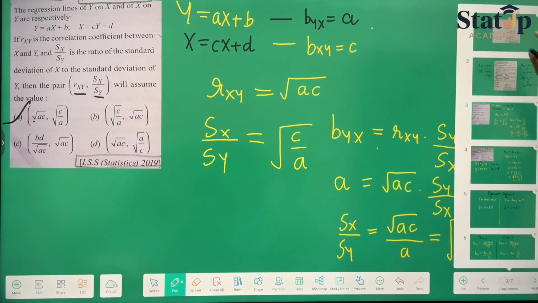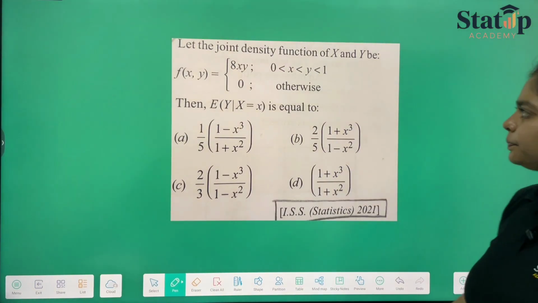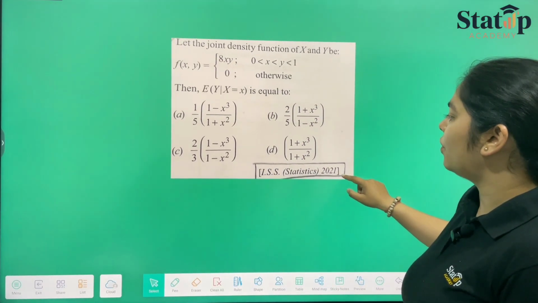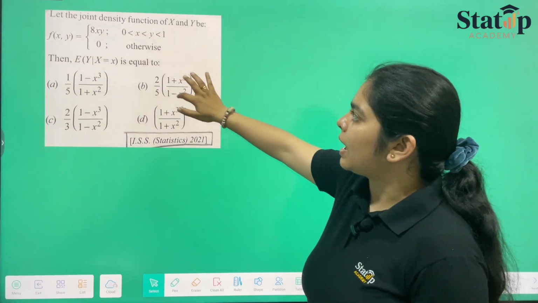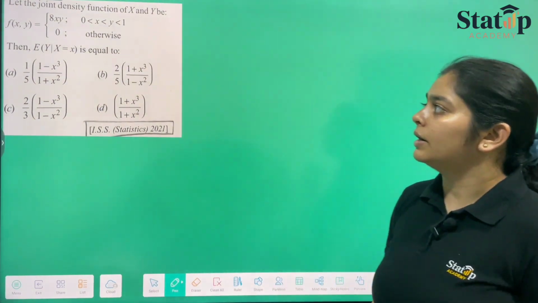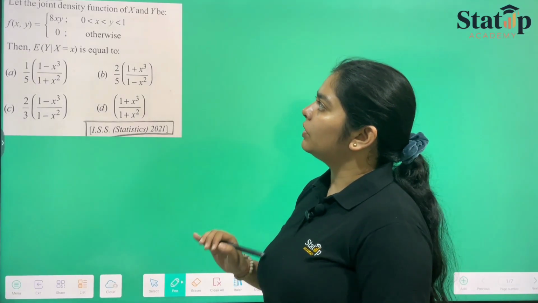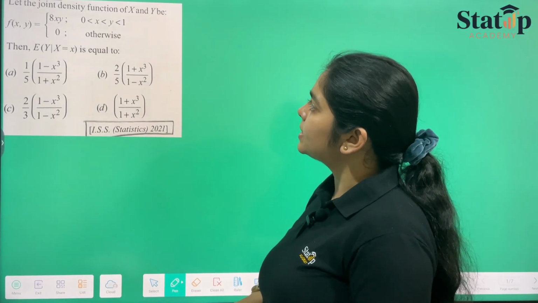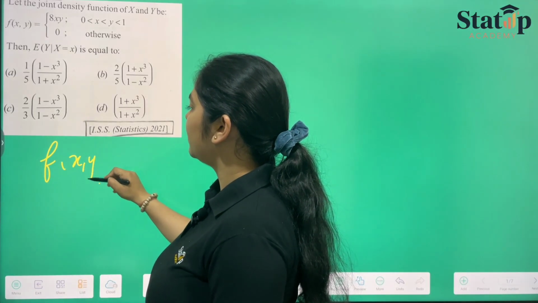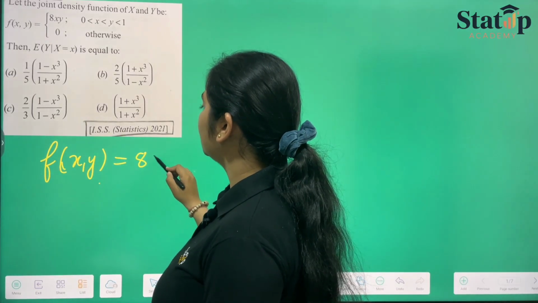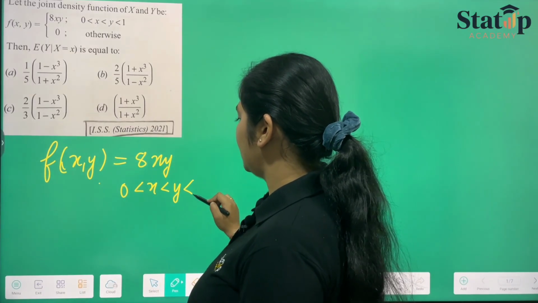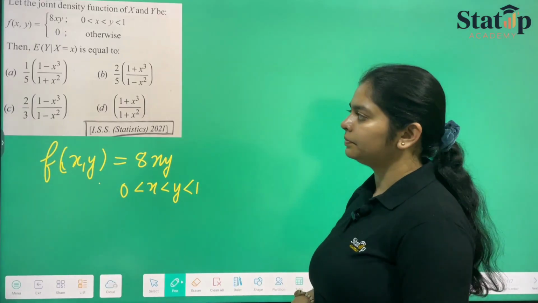Now moving forward to our last question for today. This is our PYQ of 2021, and this holds very important concepts of joint density function and how we will be using regression. So they have given us the joint density function of x and y. So fxy is equal to 8xy for all 0 less than x less than y less than 1.